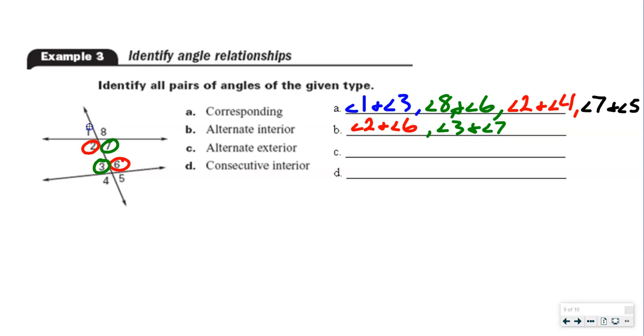Those are your alternate interior angles. Next, we need to look at the alternate exterior angles. So outside the two lines and on opposite sides of the transversal. So 1 and 5. Angle 1 and angle 5. Angle 4 and angle 8.